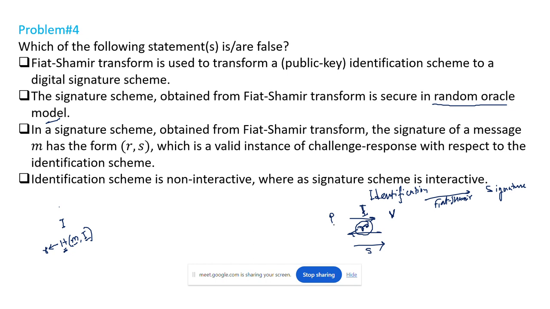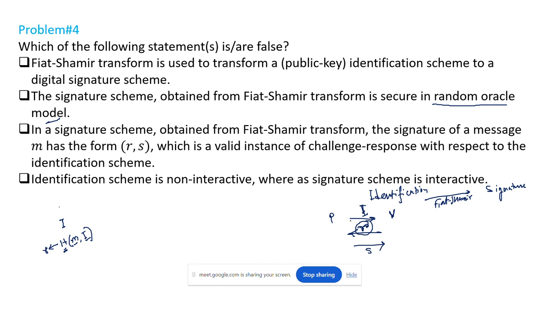Let's say the prover is a cheater, trying to prove that it is someone else, without the proper identity. If it knows the challenge that is going to come from the verifier side beforehand, then it can accordingly choose its commitment value and cheat the verifier.